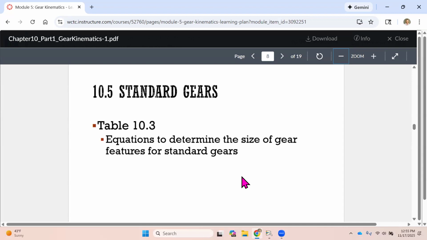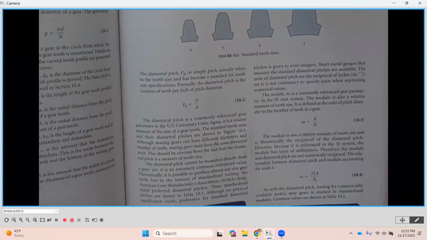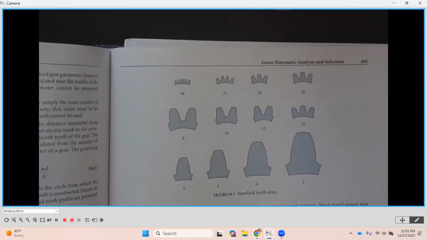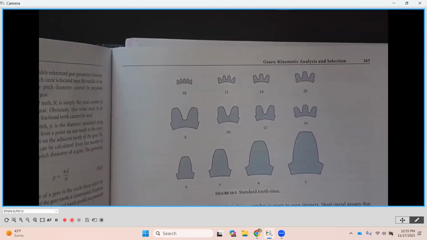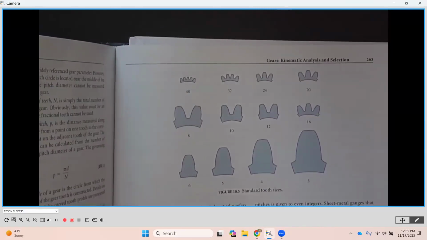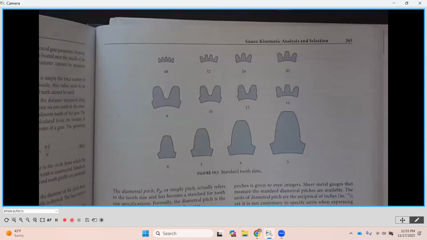And we already saw the different sizes at the top of page 263. So we looked at these, right? Now, if I go to a gear manufacturer like Falk, Browning or Rush Gears, those are three popular ones that you can buy industrial gears from.